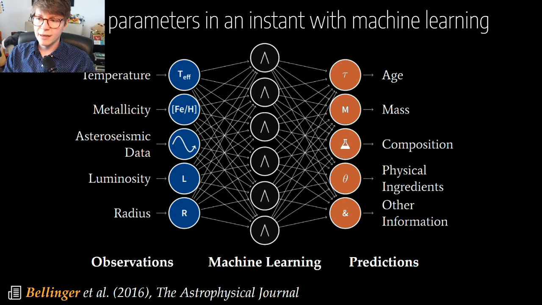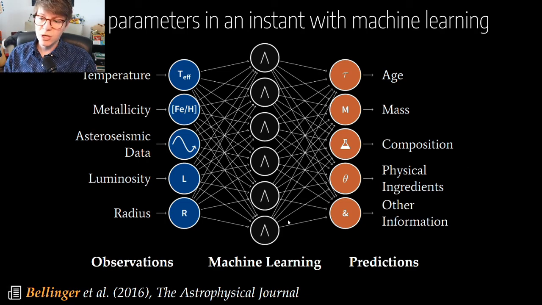Well, one way that I have pioneered is the use of machine learning to infer stellar parameters. And here's how it works. On the left side of this diagram, information about the star comes in. Things like its temperature or astroseismic data or other information you have about the star.